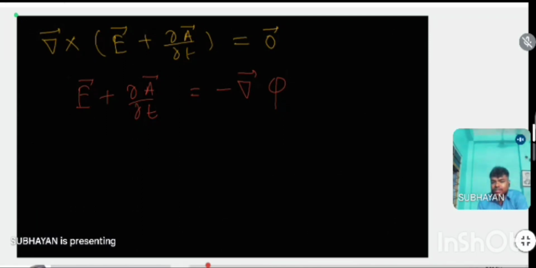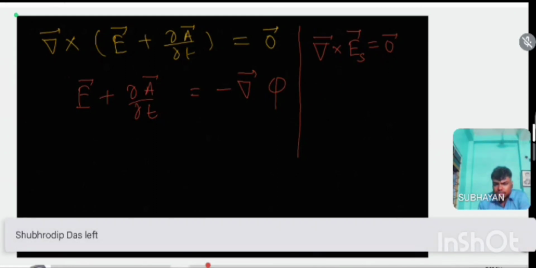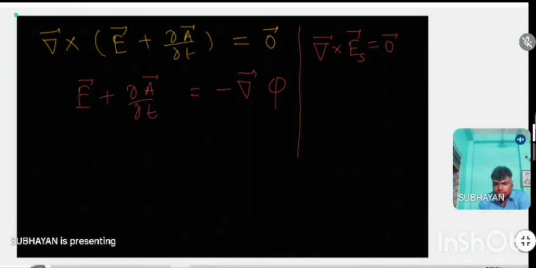This minus convention comes from the electrostatic case. In the electrostatic case, we have already studied that Es is equal to minus of grad phi s. Es was the electrostatic field.